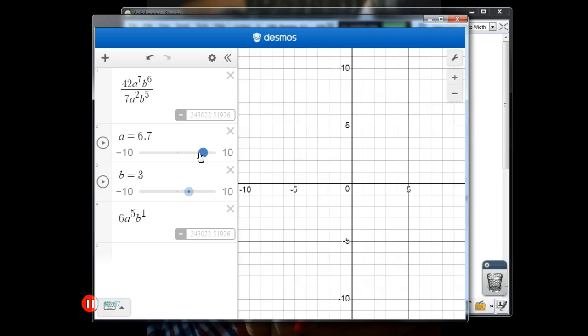Basically, if you only see one variable, then x is good. But if you have multiple, that's when you do a, b, c, d, e, f. Does this make sense? I think it's easier just to do 42 divided by 7, 7 minus 2, 6 minus 5. But if you need this, use this. That's fine.